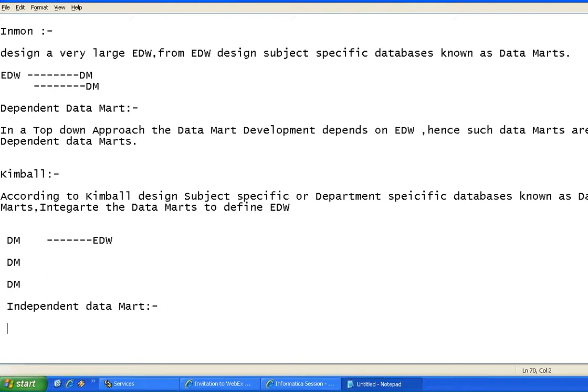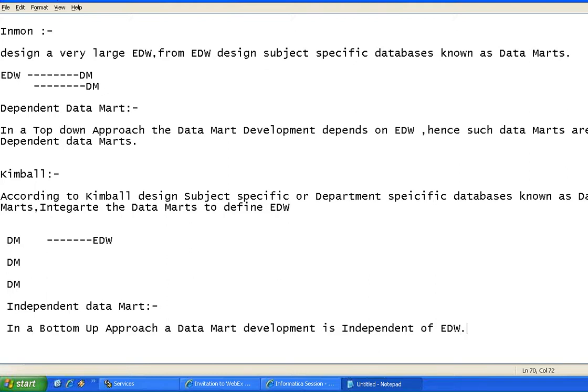So here, in the bottom-up approach, an independent data mart's development is independent of the enterprise data warehouse. This is what we call an independent data mart.